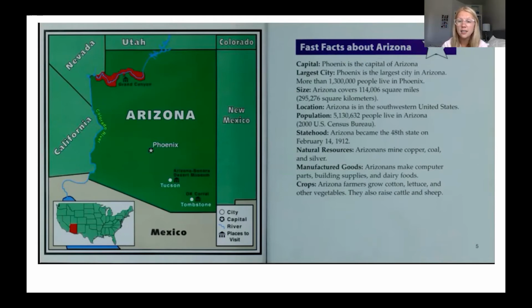Natural resources, Arizonans mine copper, coal, and silver. Manufactured goods, Arizonans make computer parts, building supplies, and dairy foods. And the crops are cotton, lettuce, and other vegetables. They also raise cattle and sheep.